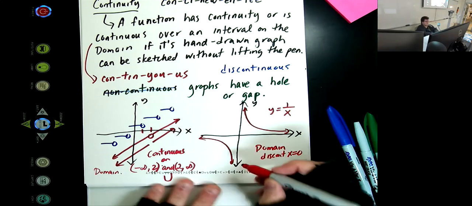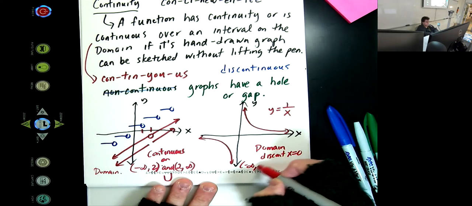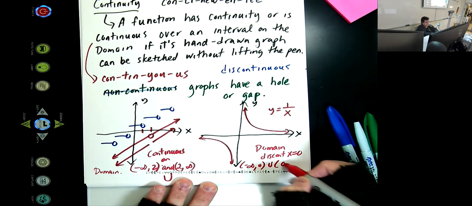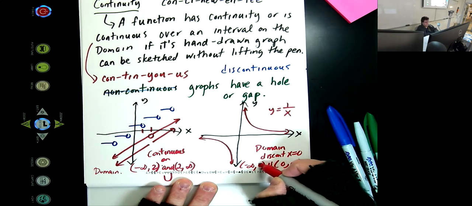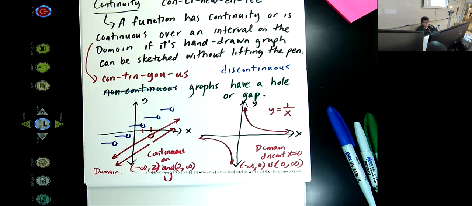So here I could say negative infinity to 0 in union with 0 to infinity. All right, kind of boring.